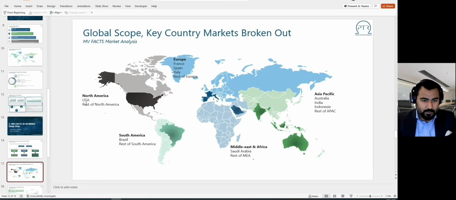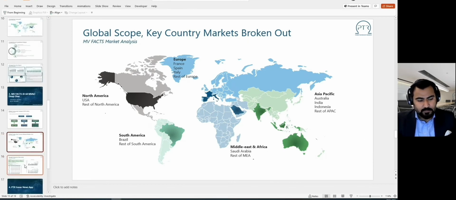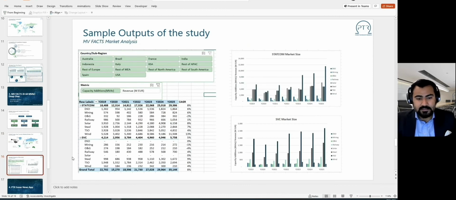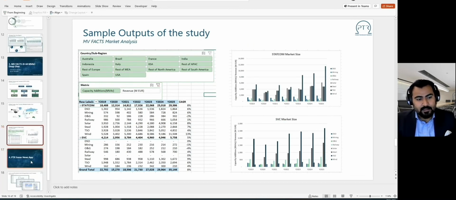So, of course, US, Brazil, France, Spain, and Italy, Saudi Arabia, and then in Asia Pacific, we're looking at Australia, India, and Indonesia. We're also providing a rest of the regional numbers so you can have a global analysis at hand for your strategic purposes. This analysis is presented purely in an Excel database format where you can analyze different trends using the various pivot tables that we've already built into the database.